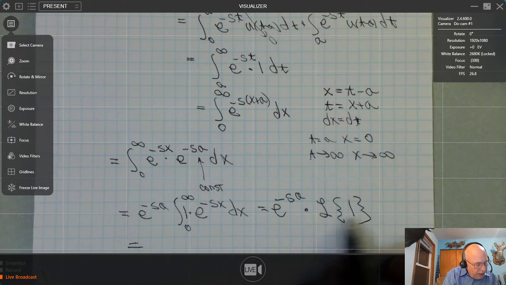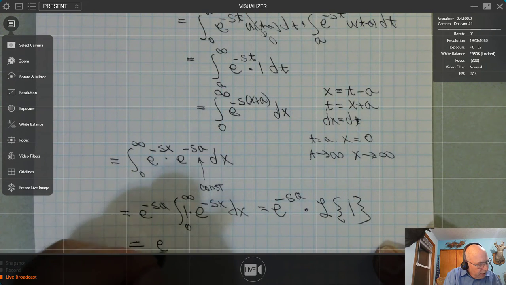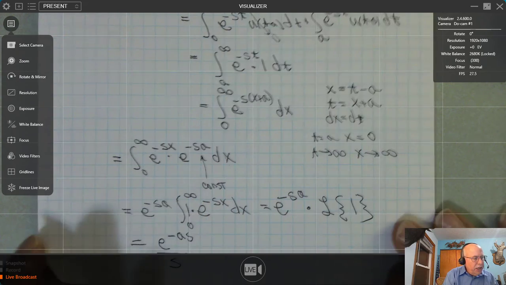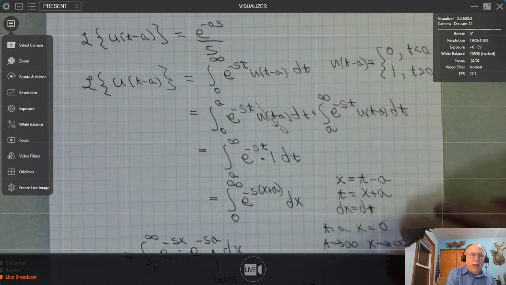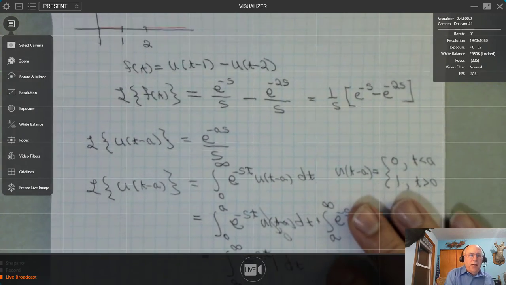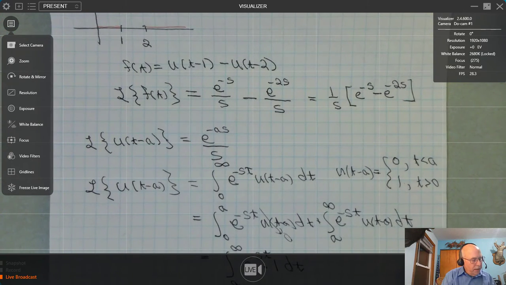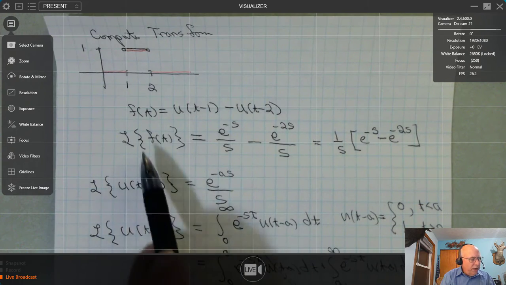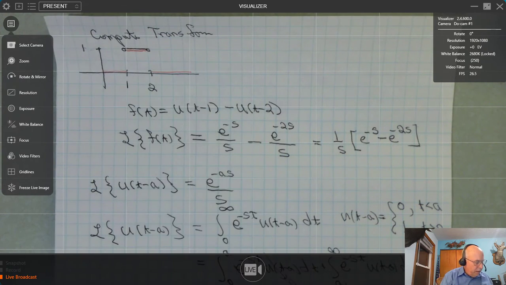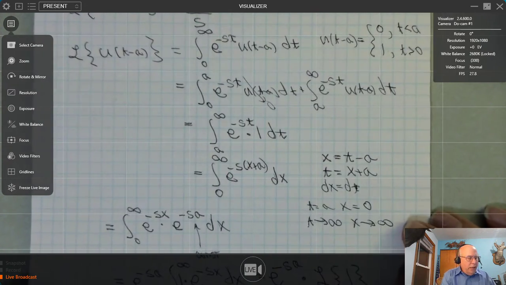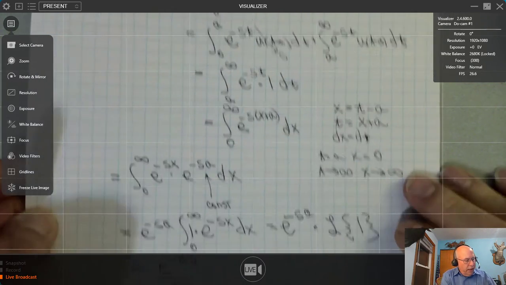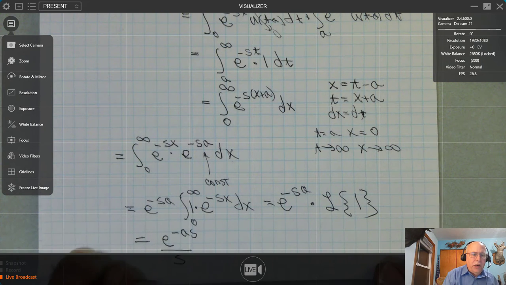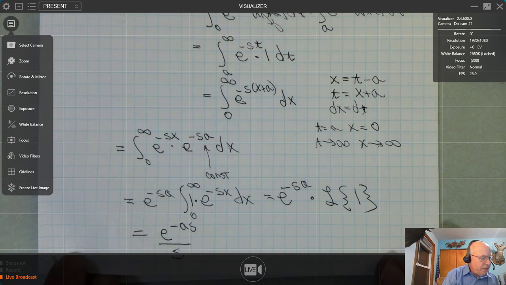So this thing is 1 over s, and we have e to the minus as over s, just as advertised way back when we computed the transform of this little single square wave here. So there's the derivation, and you can use that now anytime that you need it with full confidence.